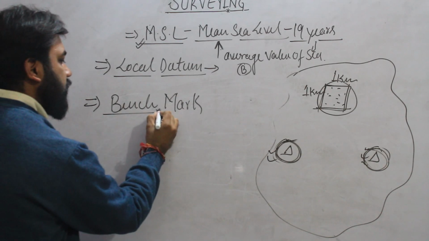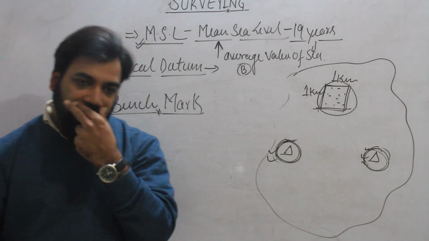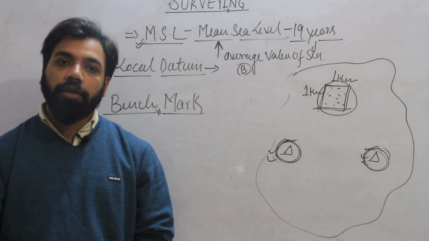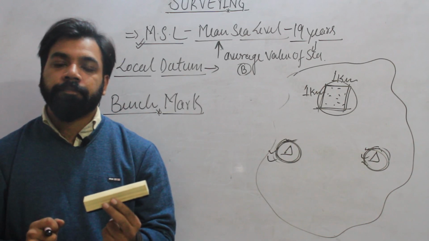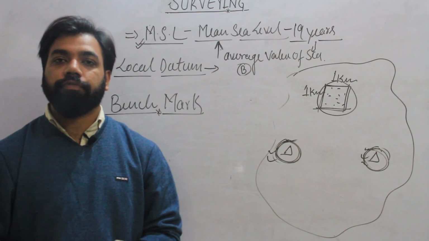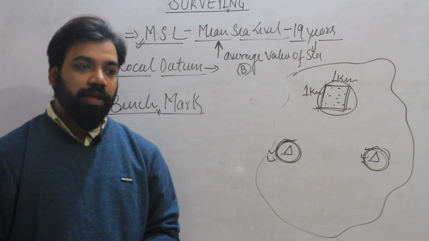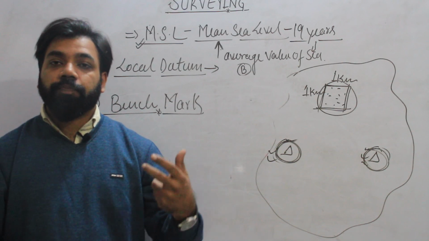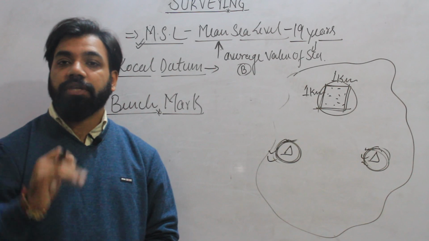Okay, next is benchmark. A benchmark is fixing a point accurately with reference to the mean sea level. A very good example of a benchmark is, as you have seen, the railway station, which mentions its point with respect to the mean sea level.